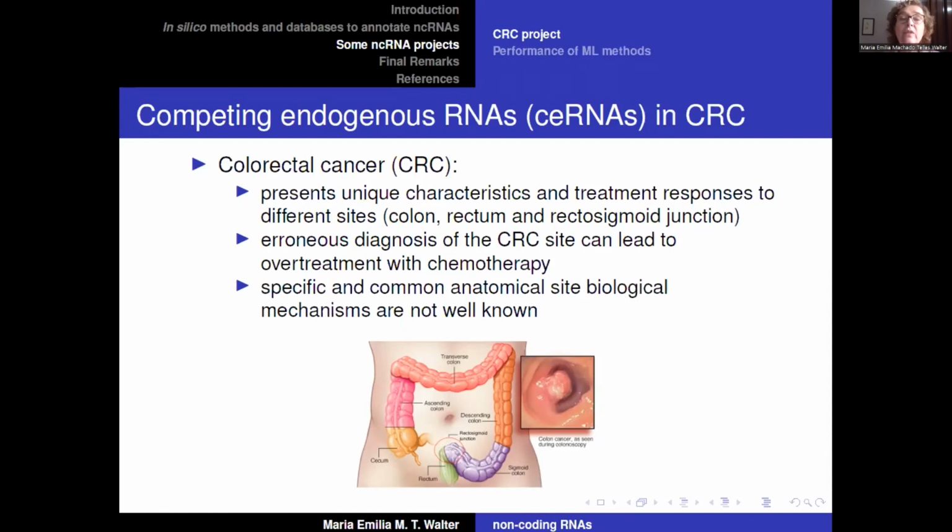So erroneous diagnosis of the CRC site can lead to overtreatment with chemotherapy that strongly affects the health of the patient, and specific and common anatomical site biological mechanisms are not well known.